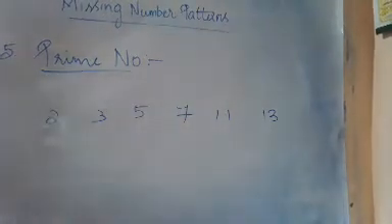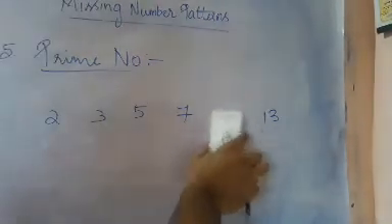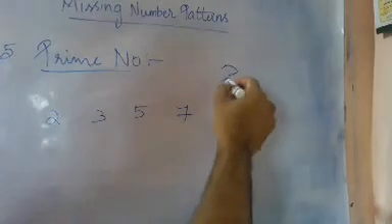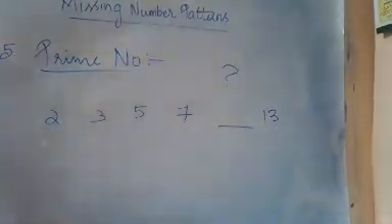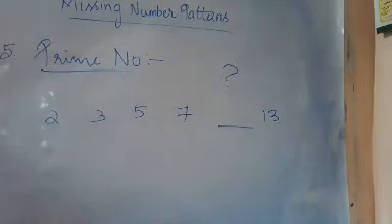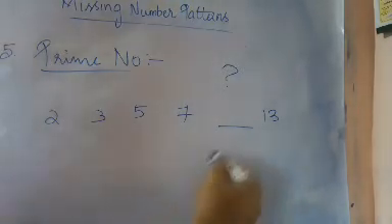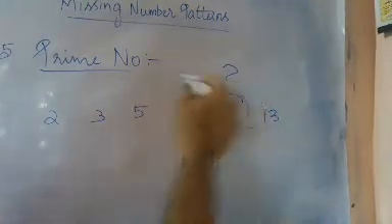So they might ask, what is the missing number here? So you should know the pattern is available in the form of prime numbers as well. So if you know this, you can directly answer it as 11.